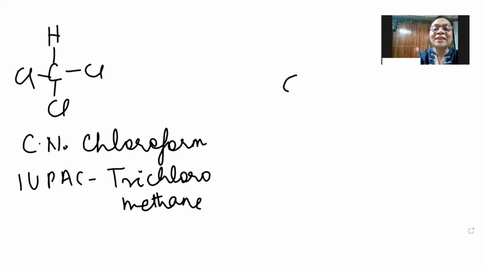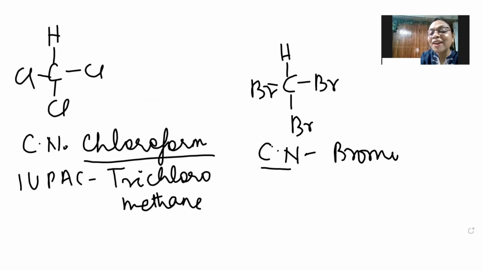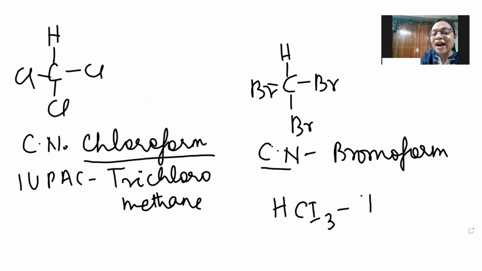Trichloromethane. Similarly, if you replace the hydrogen with bromines, the common name would carry over from chloroform. Just the chloro is replaced with bromo. It is bromoform. Yes, and this is iodoform. Correctly guessed.